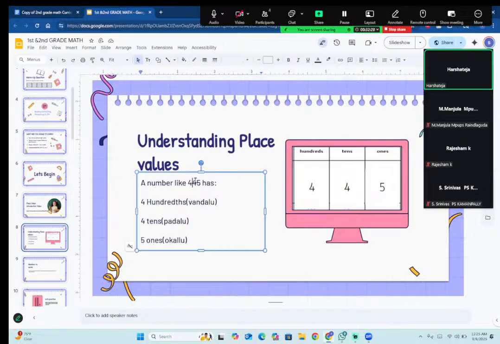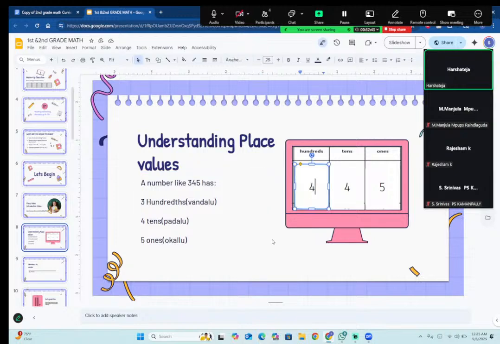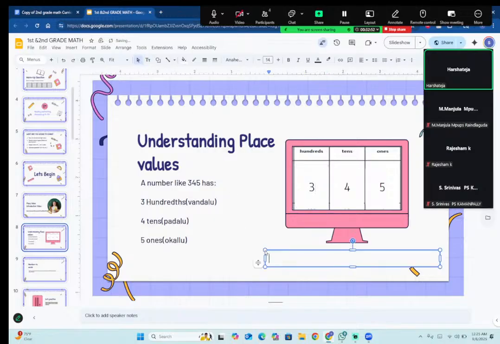Or if we change the numbers, a number like 345 has 3 hundreds, 4 tens, 5 ones.